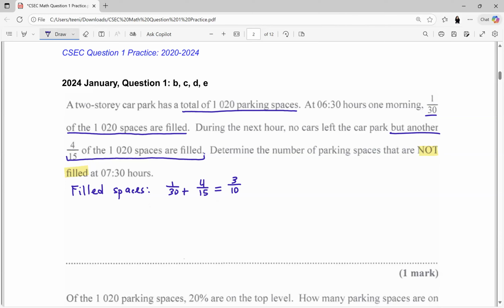And then that means the unfilled spaces, if the filled spaces make up 3/10, then the unfilled will be 7/10. So you check 7/10 of 1020.